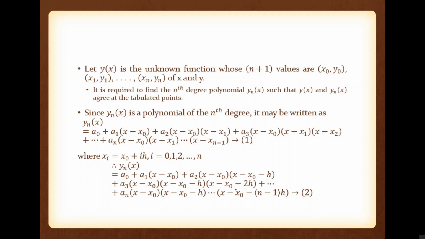This is xn minus 1. So if you are multiplying with the minus sign, the last term is x minus x0 minus n minus 1 into h. So please note down this equation as equation number 2.